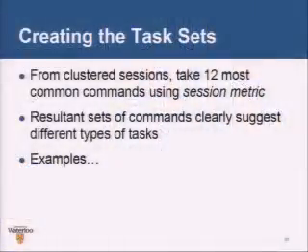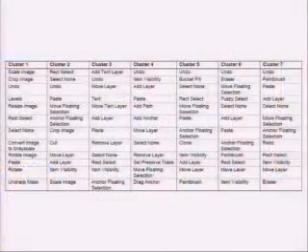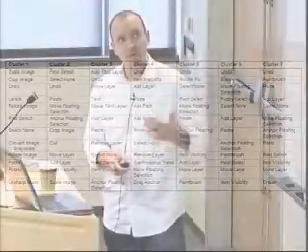So in our case, we take these clustered sessions that result, identify the 12 most common commands using the session metric, and then consider these to be common tasks. So this is the result of clustering via that algorithm I just showed you. And what you can see when you look at these clusters is fairly well-identified tasks.